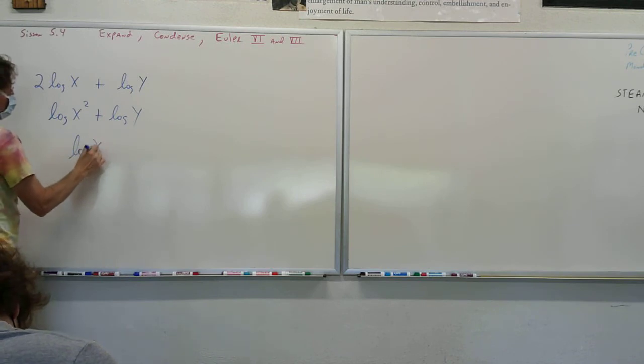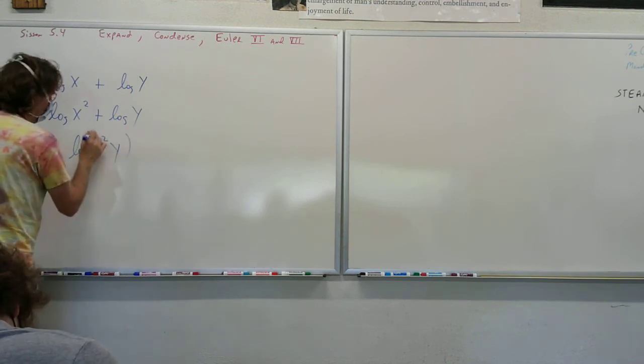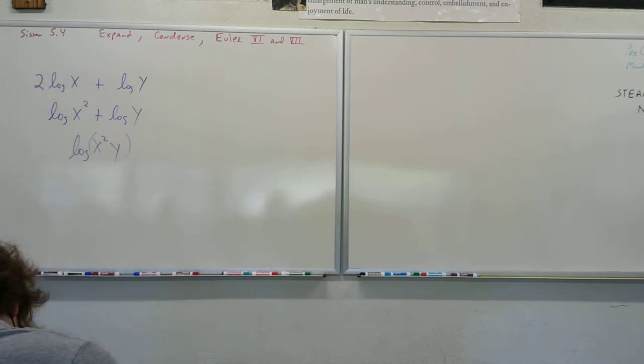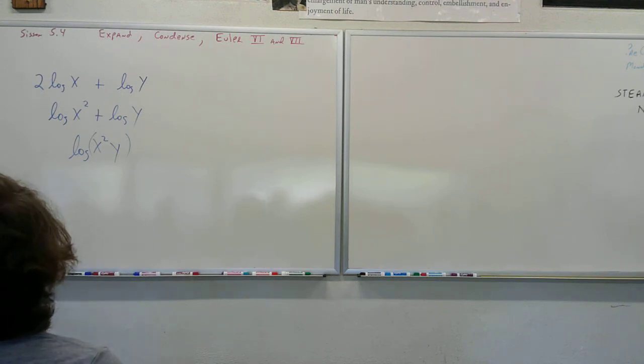Log x squared y. And I'll put that in parentheses like that. Is that all right? Now, sure, you can skip this middle step, and your science teachers do, but don't try to combine them with a number in front. You can't have a coefficient out there when you combine them. Everybody's hearing that? That's what gets you in trouble.